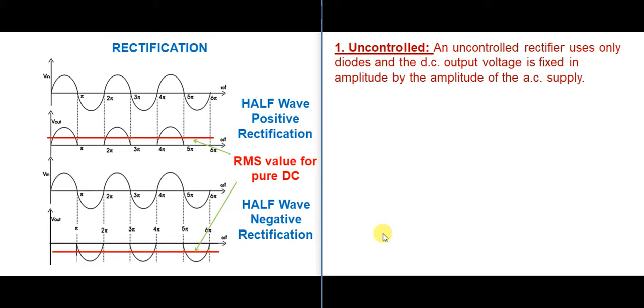What is the meaning of uncontrolled rectifier? An uncontrolled rectifier uses only diodes and the DC output voltage is fixed in amplitude by the amplitude of the AC supply.